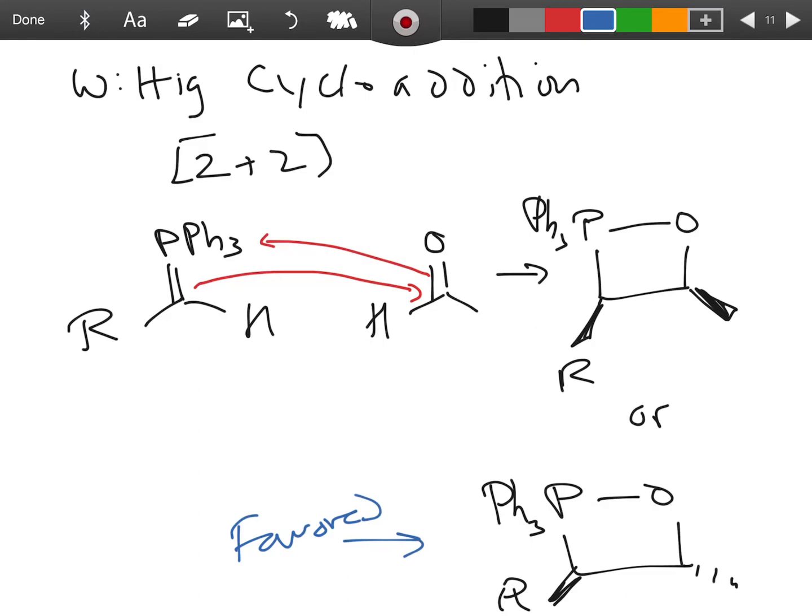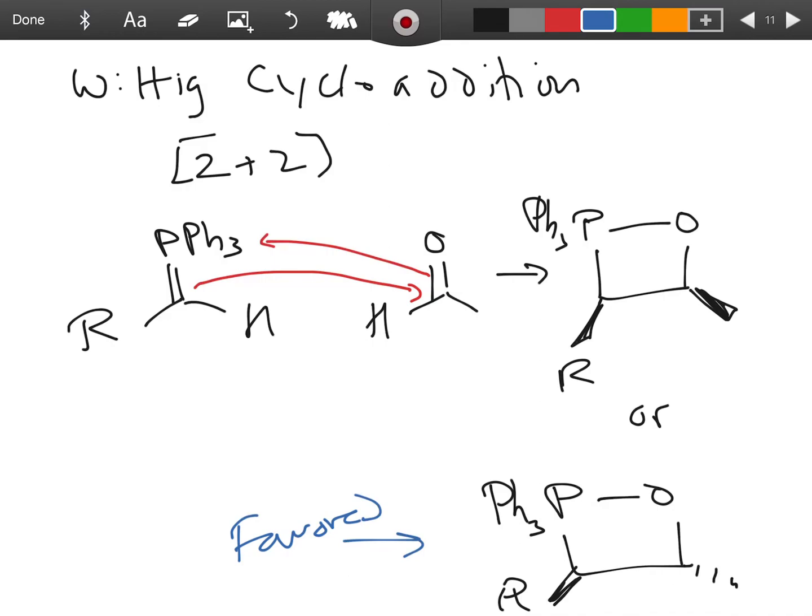So some Wittig generalizations. The reactions go through an early transition state. So the interactions that you see when the two groups come together are the interactions that matter. It's not the interactions that you see in the product, it's the interactions as the two starting materials come together.